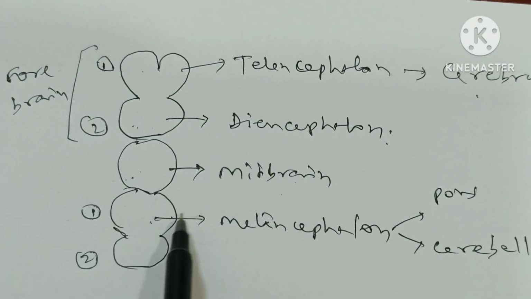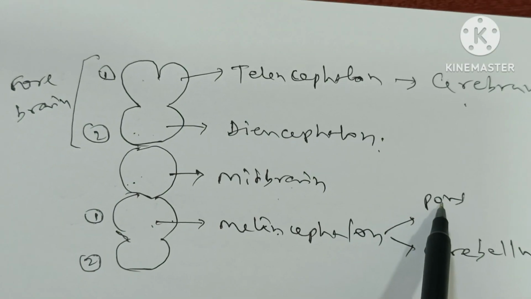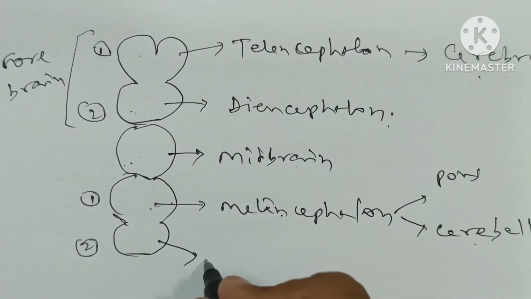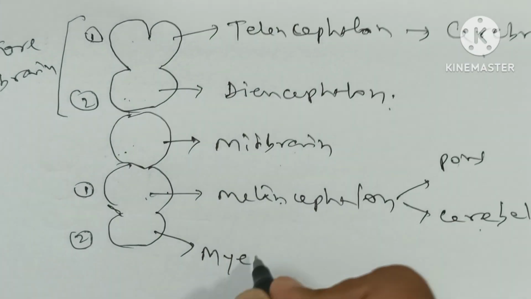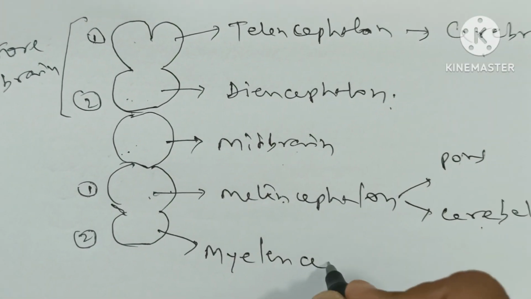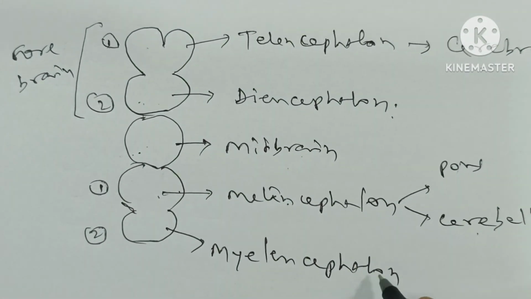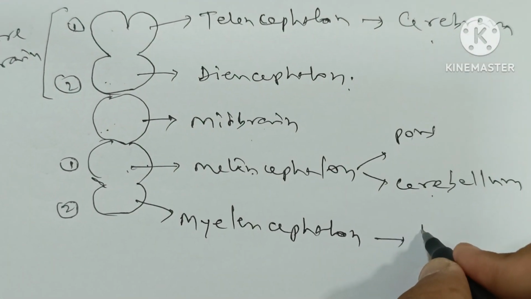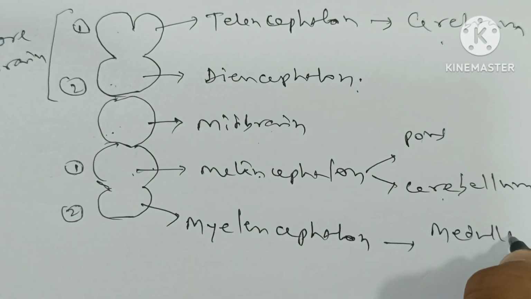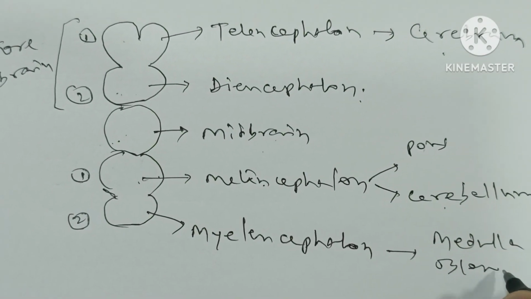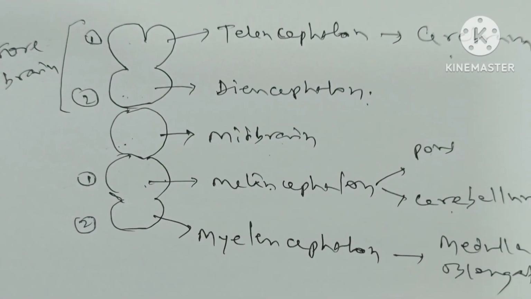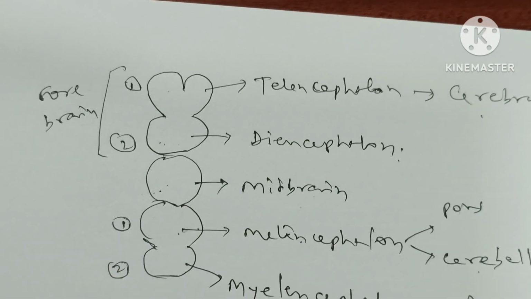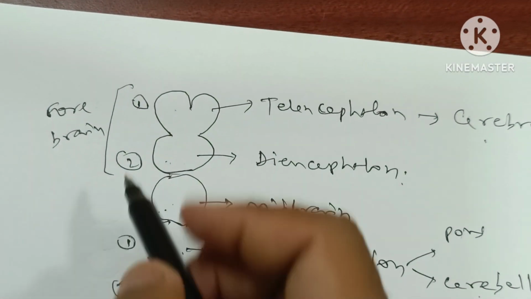The next secondary brain vesicle is known as the myelencephalon, and this myelencephalon will further develop into the medulla oblongata. So the 3 primary brain vesicles get converted into 5 secondary brain vesicles.